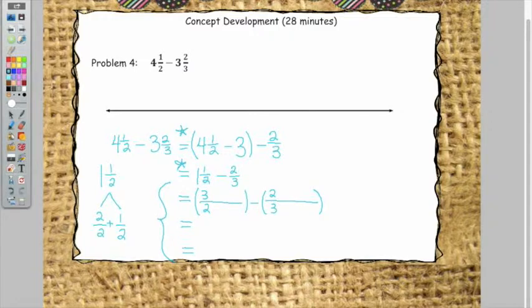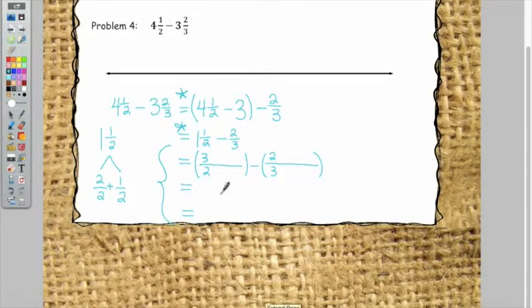Just kind of switched around, aren't they? Okay, what's your common denominator? 6. So my answer is 5/6. This part's pretty easy for us now, isn't it?